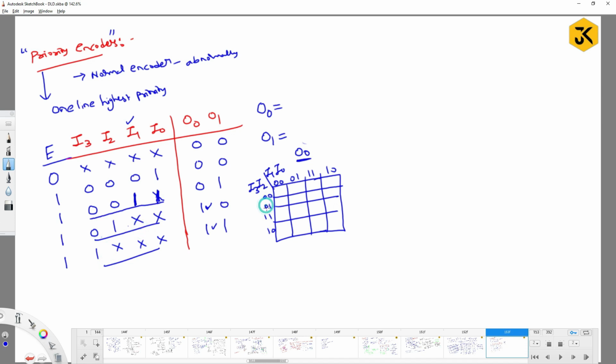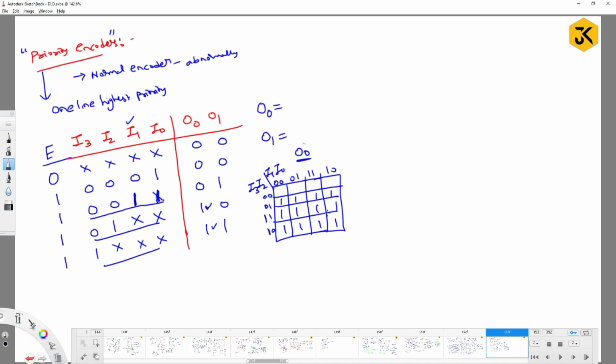It has to start with 0, 1 and can be any values, which means I can write all ones here. Similarly, 1 followed by triple X means I3 has to be 1, and irrespective of all the other values, I make them 1s.